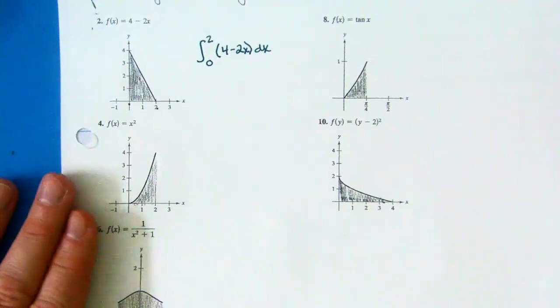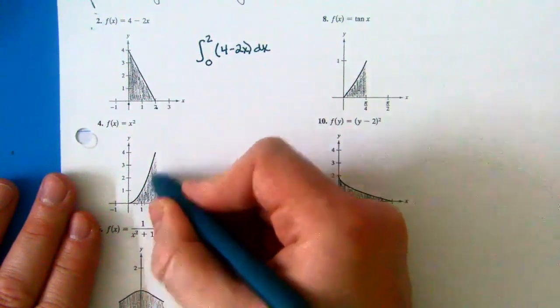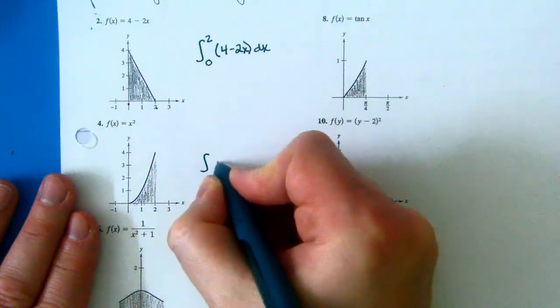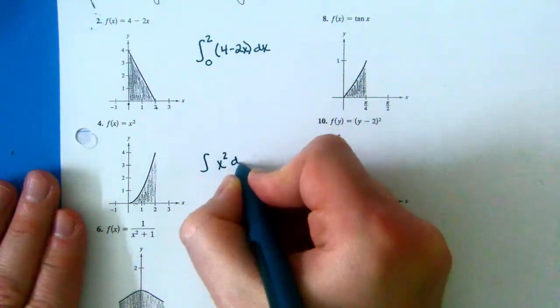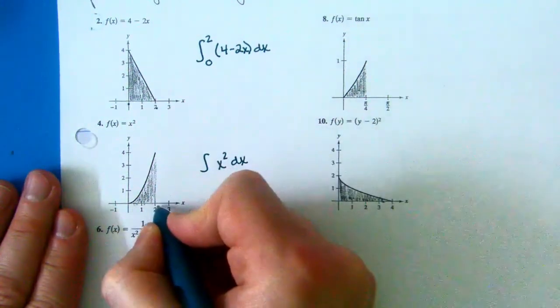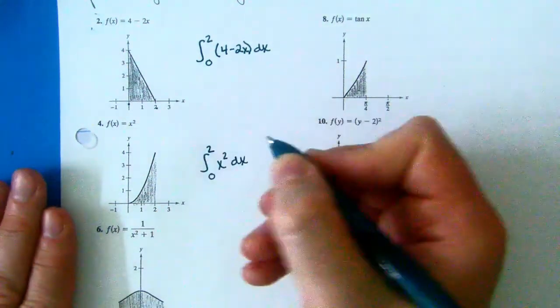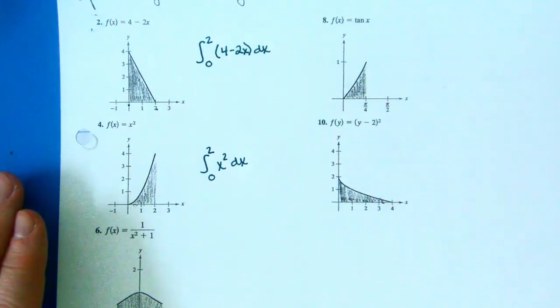In number 4, I want to create an integral that would find this area. Well, that would be the integral of x squared dx from my lowest x value, 0, to my highest x value, 2, just like that.